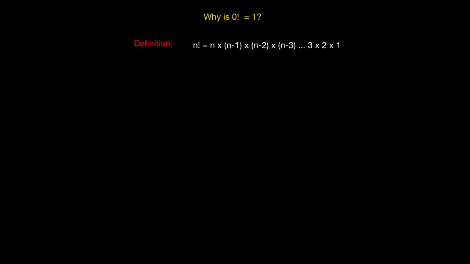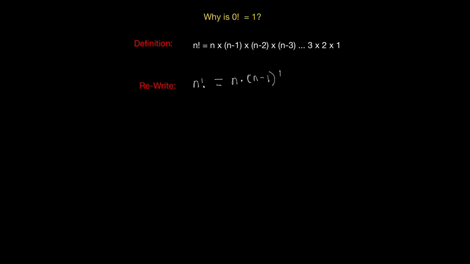So the next step here is that I'm going to rewrite this equation. I'm going to rewrite it as n factorial equal to n times n minus 1. But now, instead of writing everything that follows, I'm going to condense this by putting the factorial on n minus 1.